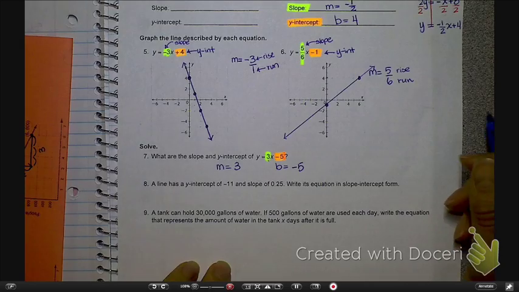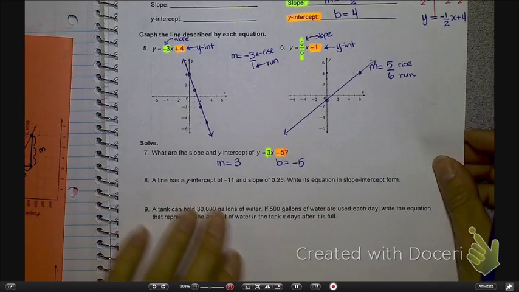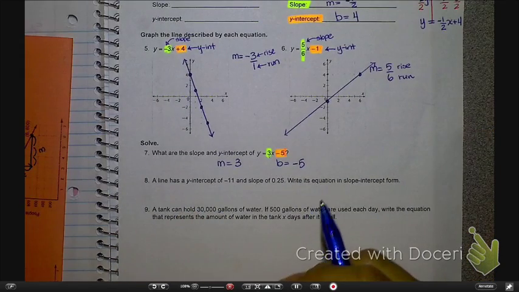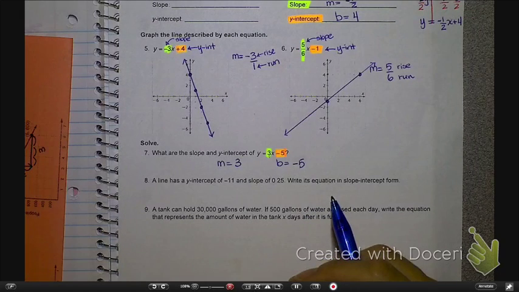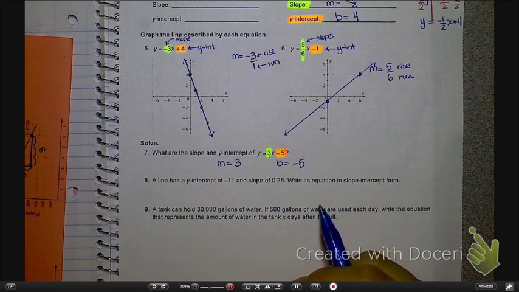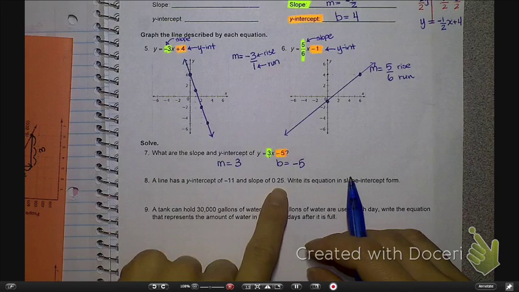All right. Let's take a look at number 8. It says a line has a y-intercept of negative 11 and a slope of 0.25. Write its equation in slope-intercept form. Typically, when I have equations in slope-intercept form, I don't usually see decimals, and they gave me a decimal here for the slope.